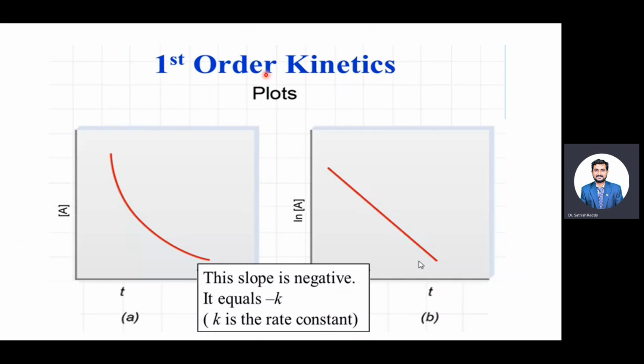For the order of reaction, if you plot the concentration of A with respect to time, it decreases like this. Ln A versus time gives a straight line. The slope of a first order reaction is minus k, where k is the rate constant.